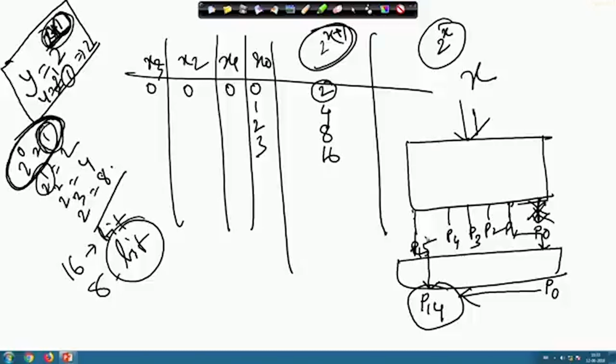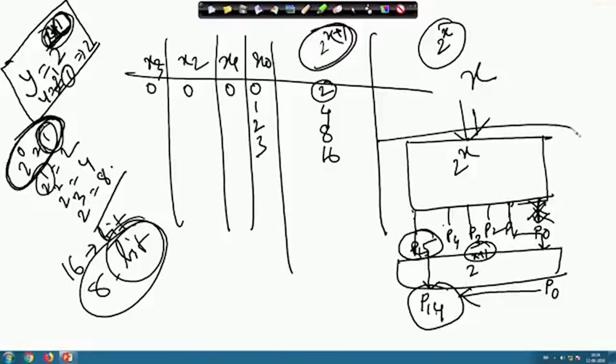Though for 2 to the power x I can hold the value of 2 to the P15, for 2 to the power x plus 1 I cannot hold the value within that word length. That is why up to P14 I can consider, and this will be the total block diagram of 2 to the power x plus 1.